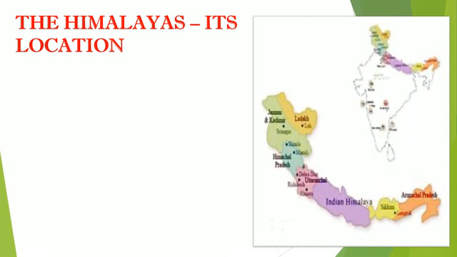In the north direction, you can see the Himalayas, which are also called the northern mountains of our country. So this region, Jammu and Kashmir, Ladakh, Leh, then Himachal Pradesh, Uttarakhand, Sikkim, Arunachal Pradesh, all this region is covered by Himalayas.